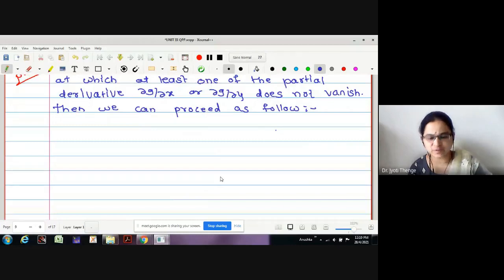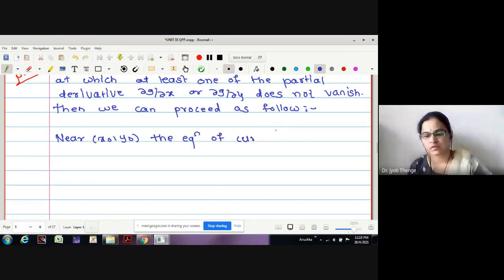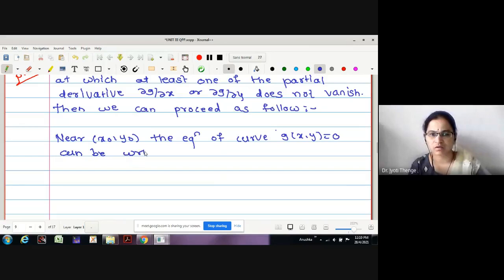Now at this point x naught, y naught, we are going to consider that the curve g of x, y is written in the form of an explicit function. Near x naught, y naught, the equation of the curve g of x, y equal to 0 can be written as y equal to h of x.